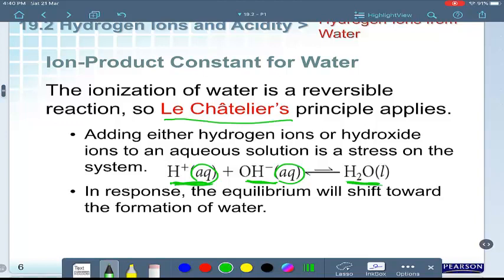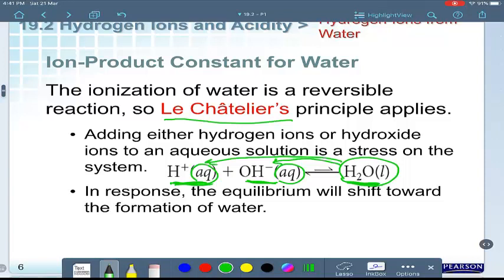It means, as we said, water can be ionized by itself into hydrogen and hydroxide again. So the reaction is reversible.